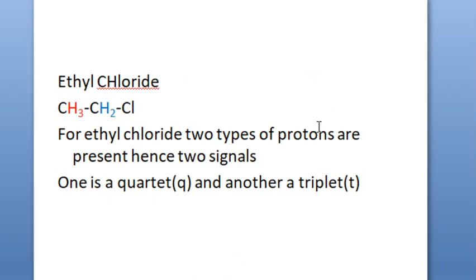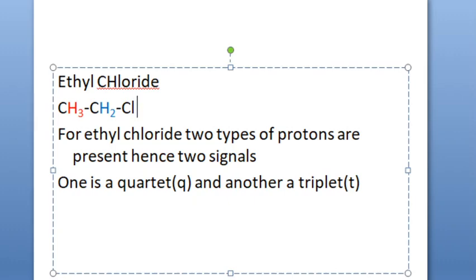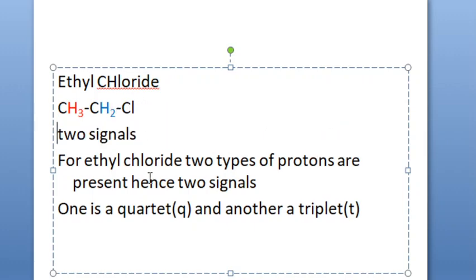So let us see that in the case of ethyl chloride. How many types of protons are there in ethyl chloride? 2 types of protons. This is CH3, CH2, Cl. So CH3 is different from the CH2 set. Therefore, how many signals will you get? You will get 2 signals. One is a quartet and another one is a triplet.